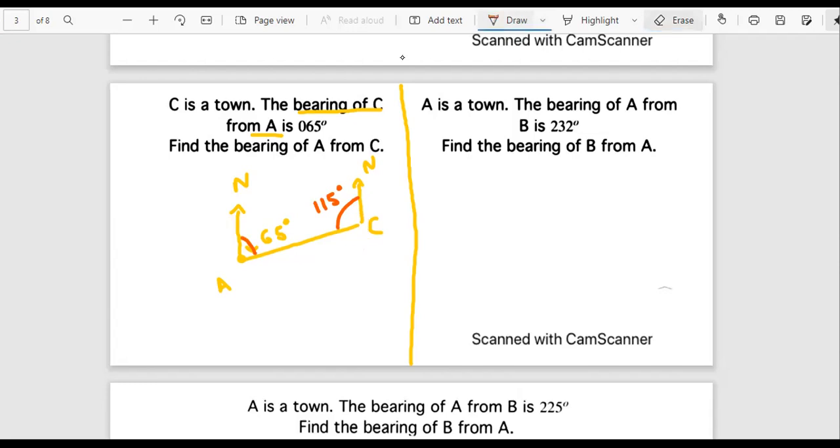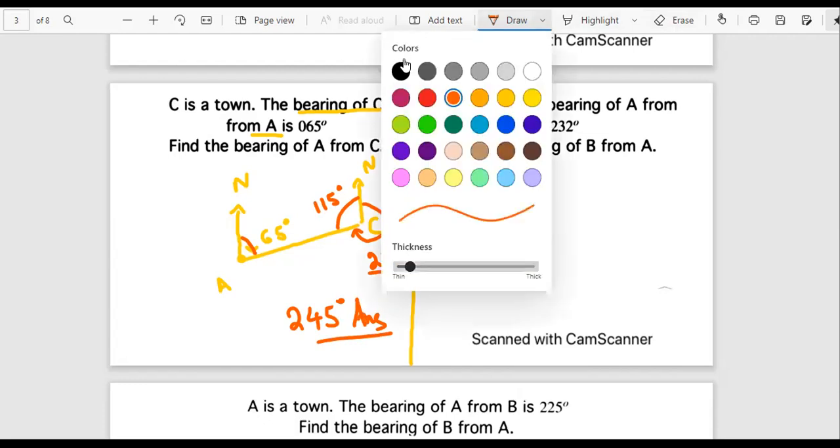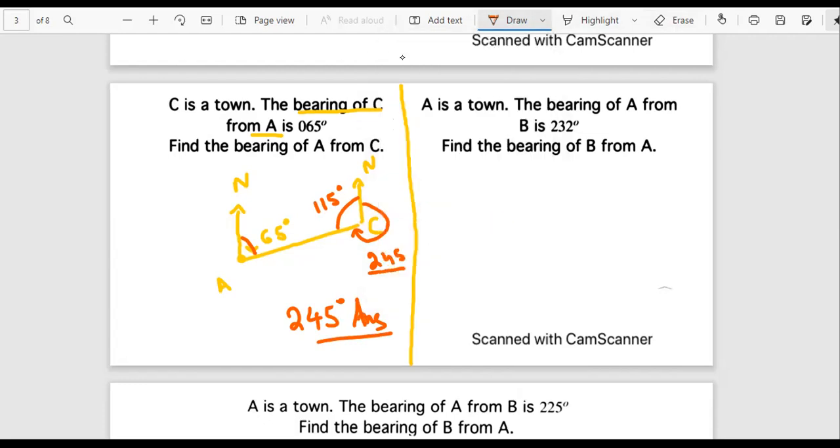So I am going to start off from here. This is going to be 360 minus 115, that would be 245. So this is the answer. 245 degrees is the answer. Yes, Turhan, did you understand this? Yes. Okay.